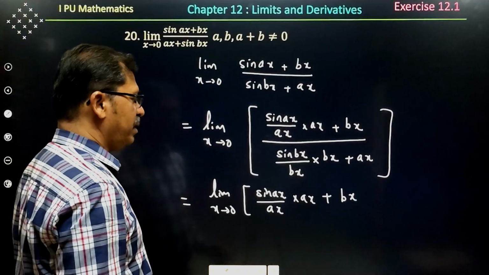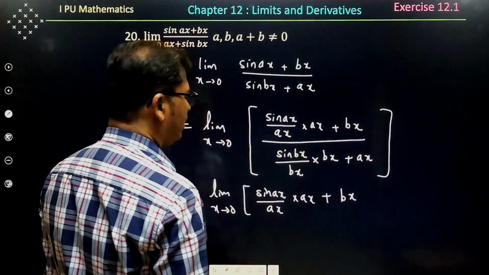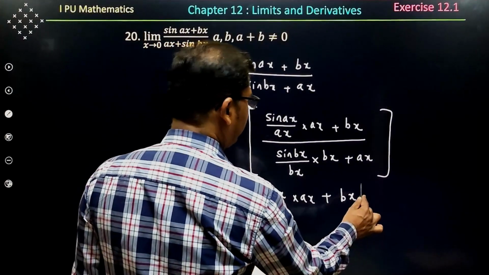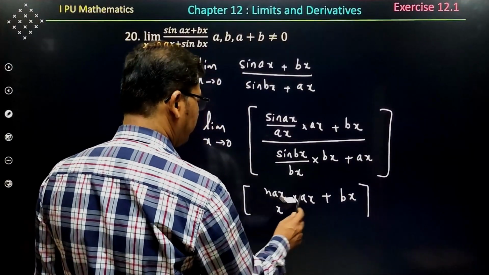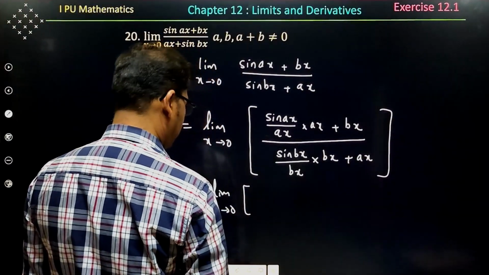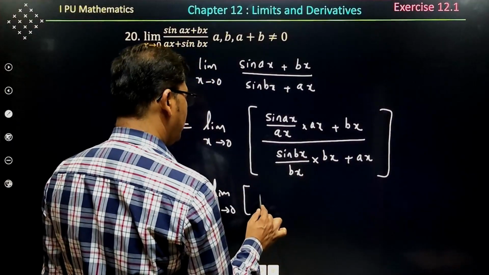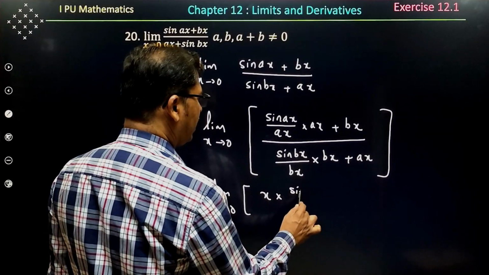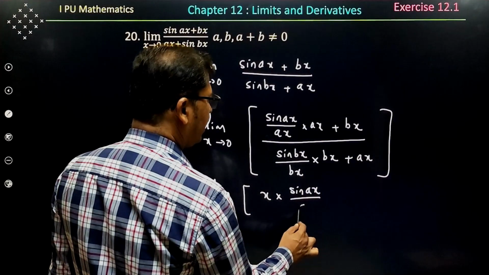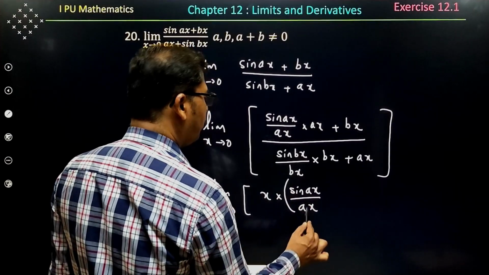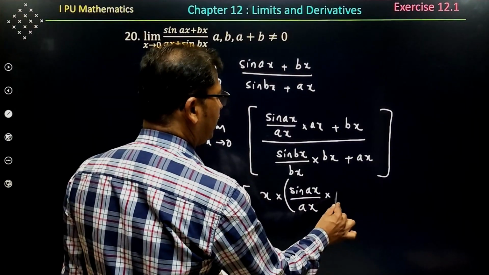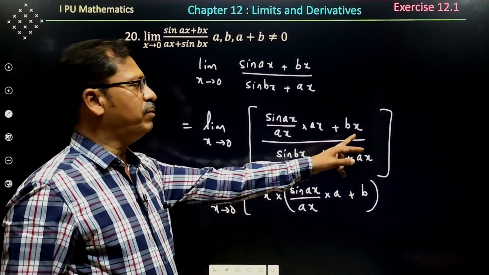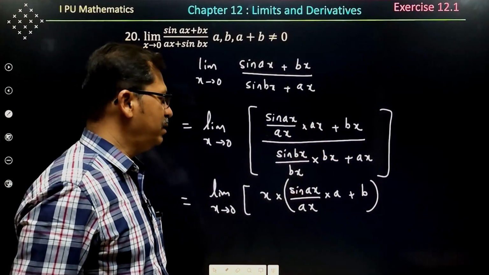Ax plus bx is there, no? X you take outside. By taking x, this becomes sin ax divided by ax, take completely outside, into a remains here, plus b remains. I have taken x from both the terms of the numerator.